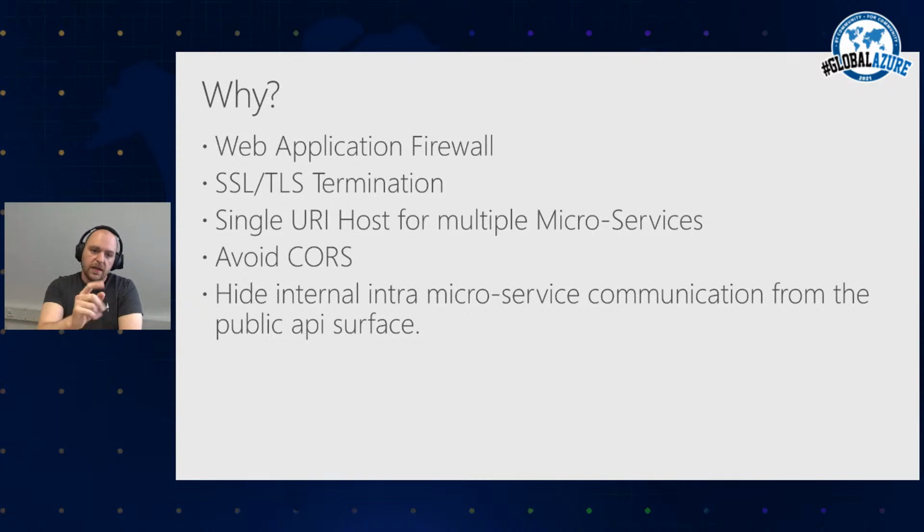Another point, and one of the reasons why my customer approached me back then, was they wanted to use a single URI for multiple hosted microservices. In this case, it was even a little bit more complicated because they wanted to use the root URI for the Angular-based application and just have some reserved first-level path segments that point to the other microservices.